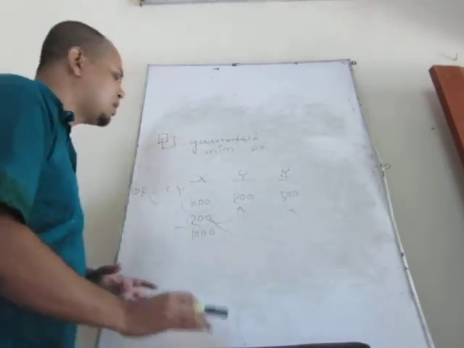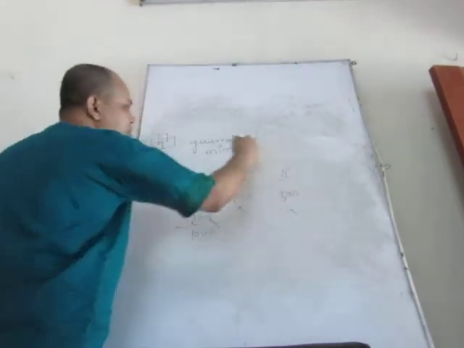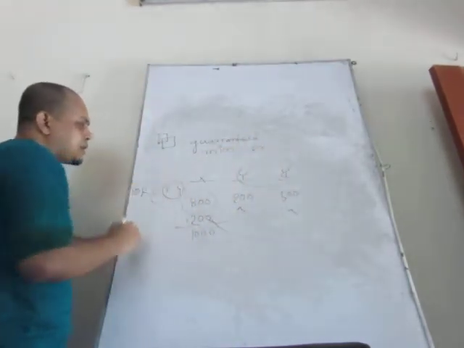How can you calculate this? Between Y and Z, the PSR ratio is 3:4.